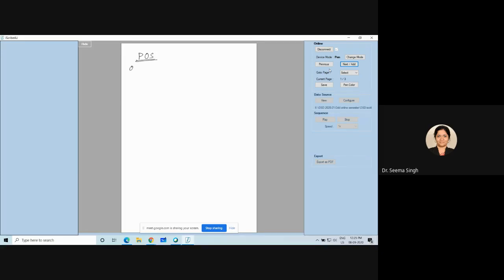So write down the question: convert the following equation to canonical POS form.